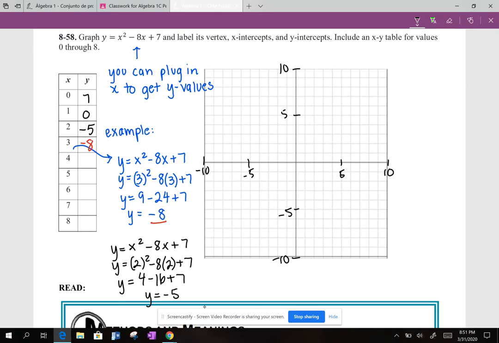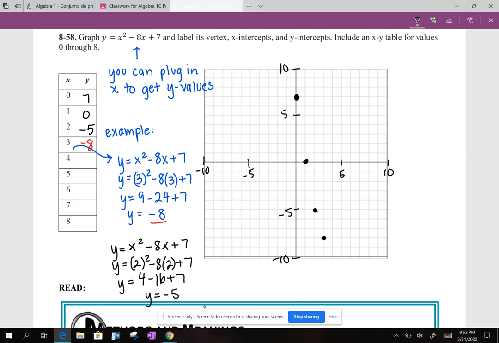So that's going to be right here. And then we're going to plot 1, 0, and then 2, -5, and then 3, -8.